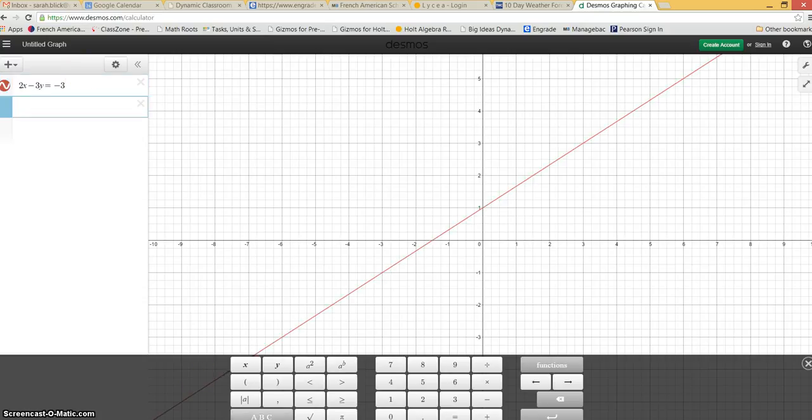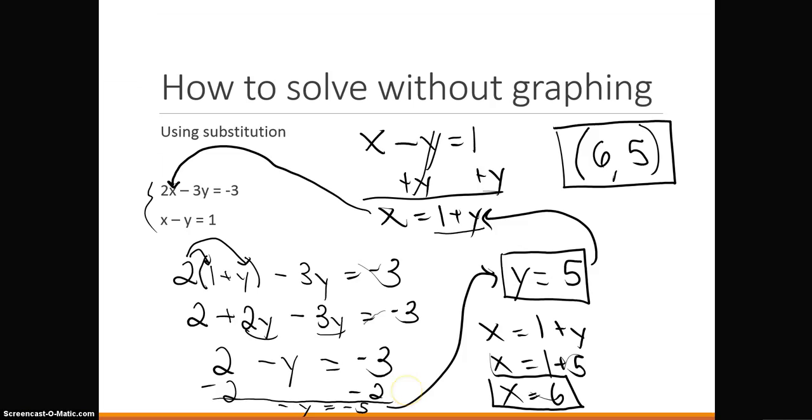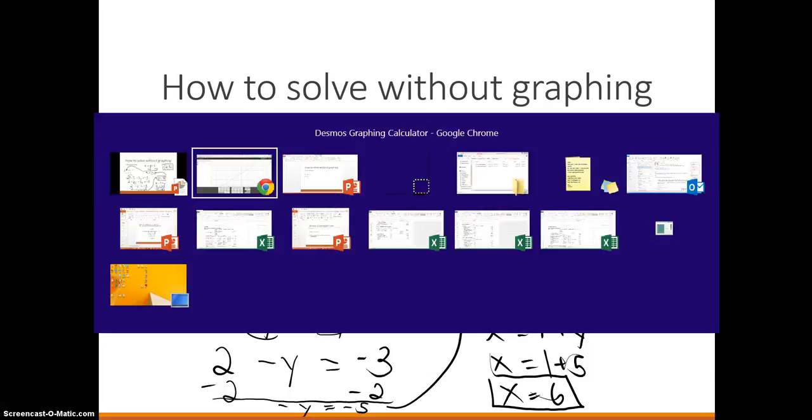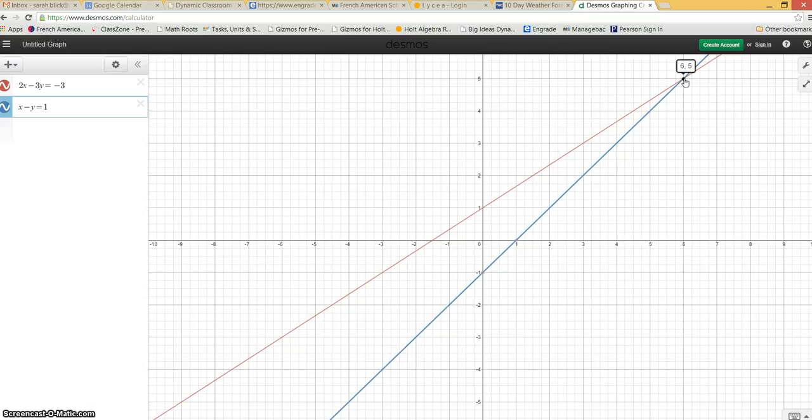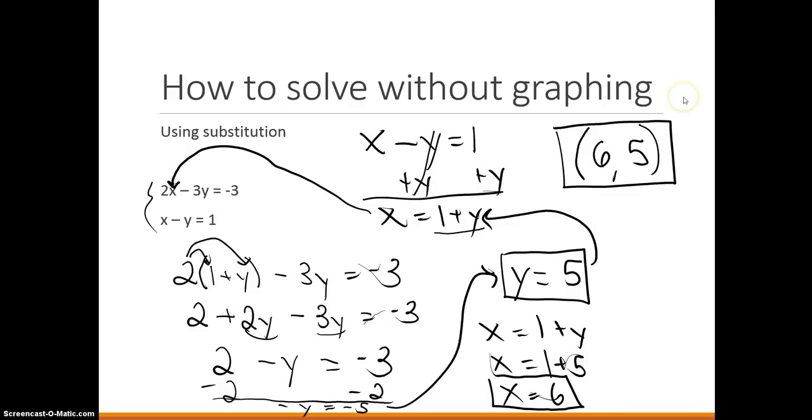And my other equation was x minus y is equal to 1. So plug that in. They have both been graphed, and I can see where they intersect is at (6, 5). x is 6, y is 5. So we see we've gotten the correct answer.